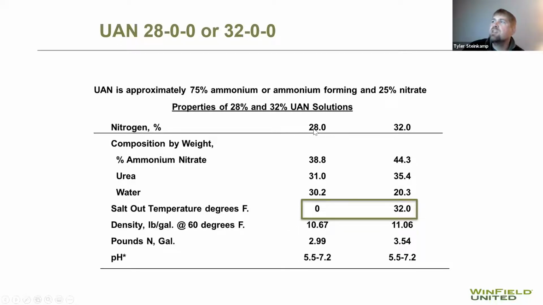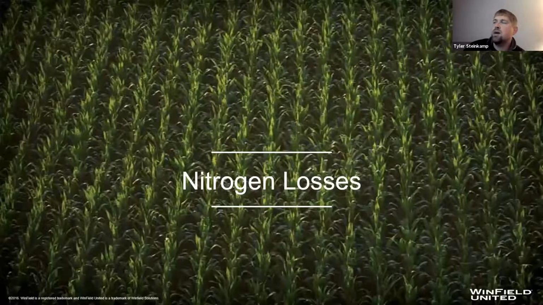The reason we make 28% is that it has a salt out temperature of 0 degrees Fahrenheit, whereas 32% can't go below 32 degrees before the nitrogen starts salting out and you basically get junk on the bottom of the tank. All right, so with that, I'm going to turn it over to Darren to cover nitrogen losses.